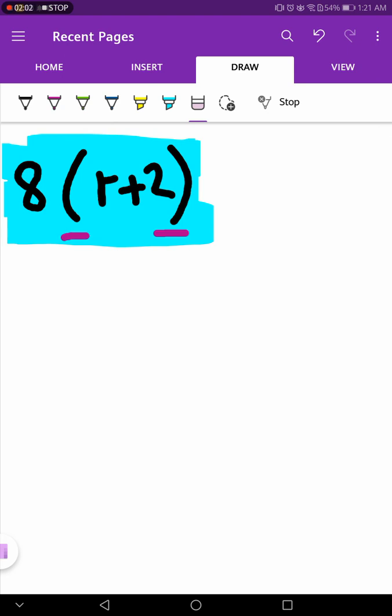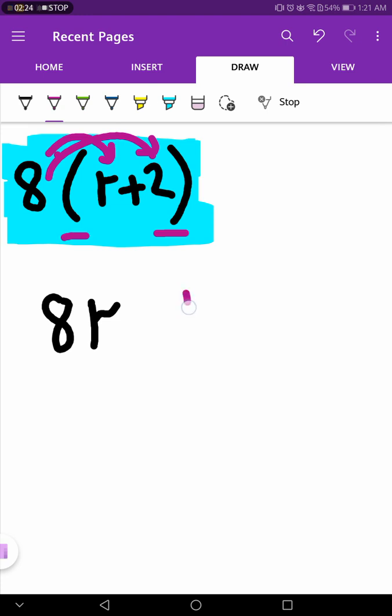So 8 is Ali. Ali must visit his home. So visit means multiply. I said 8 multiply r equals 8r, and Ali must visit his farm. 8 multiply 2 equals 16.